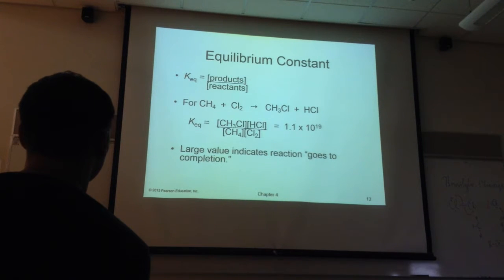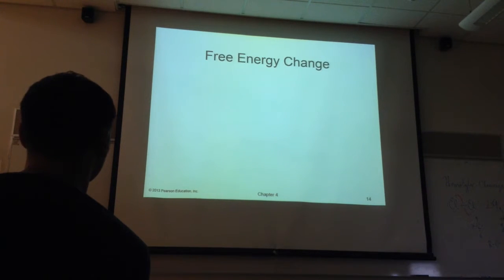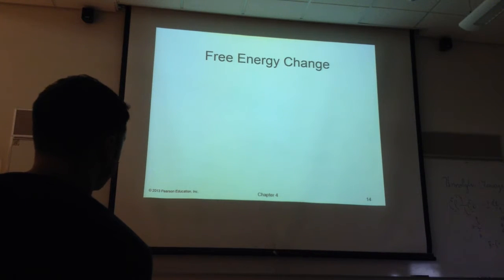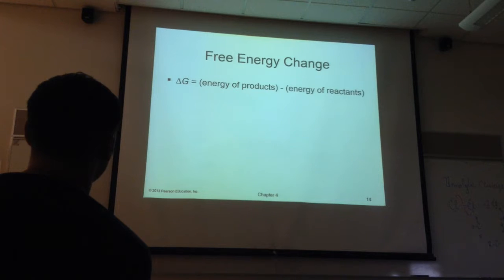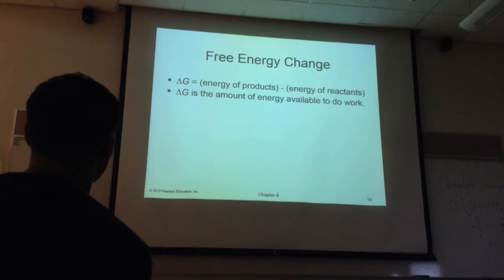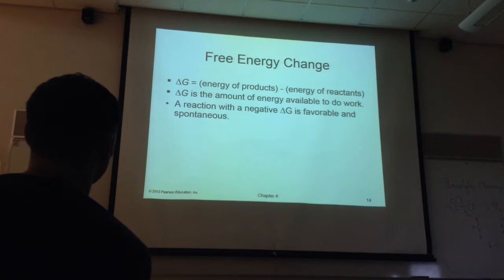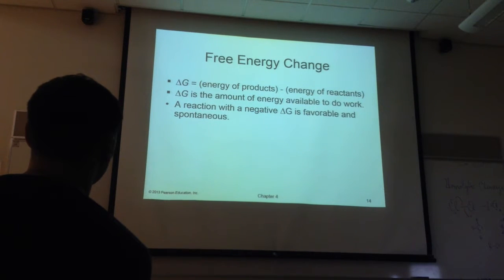We're not gonna calculate. And then we threw in this guy, the free Gibbs energy or the free energy change, which again just means the energy of the product. This is the one I need you to know. If we give you a reaction with a negative delta G, then it's favorable and spontaneous.